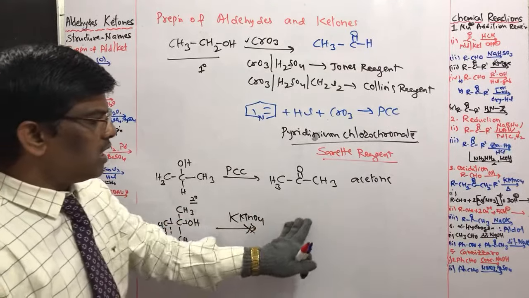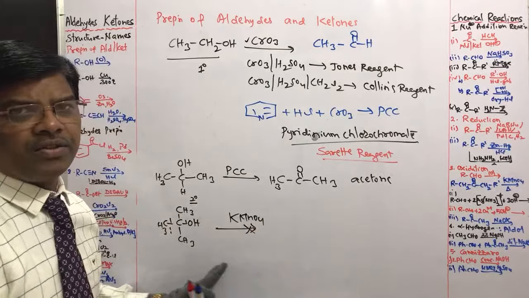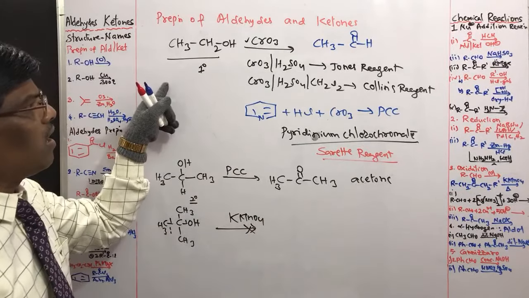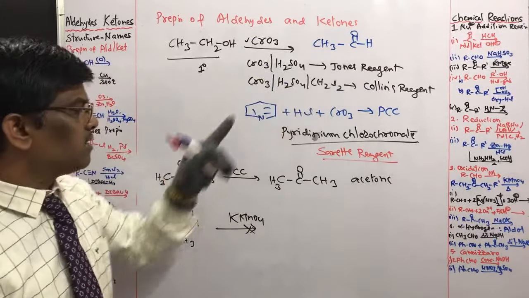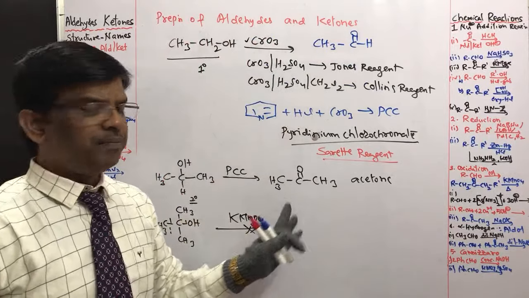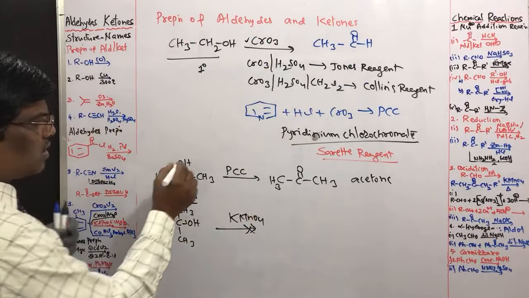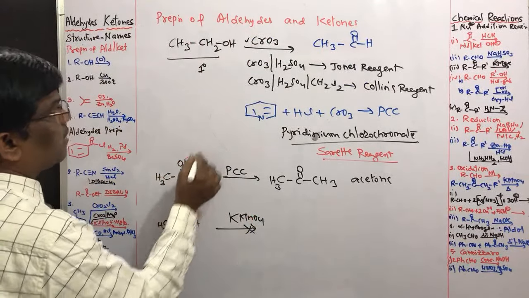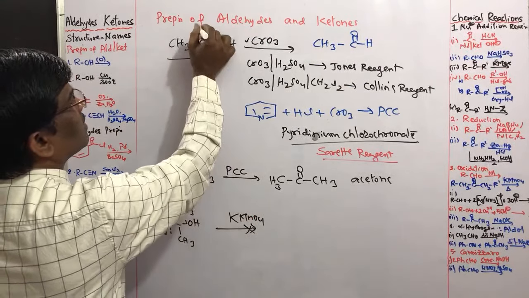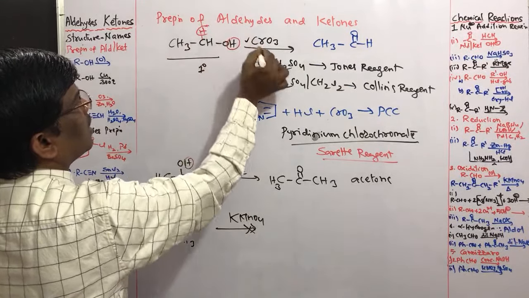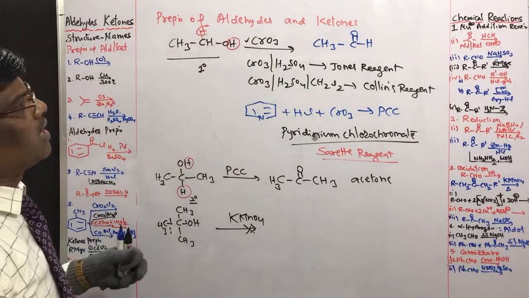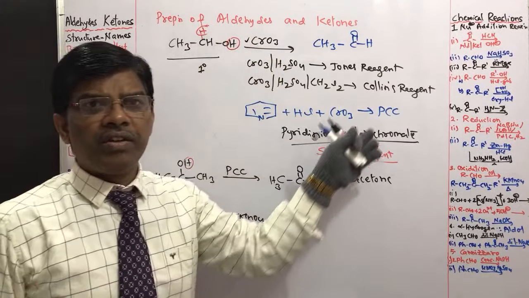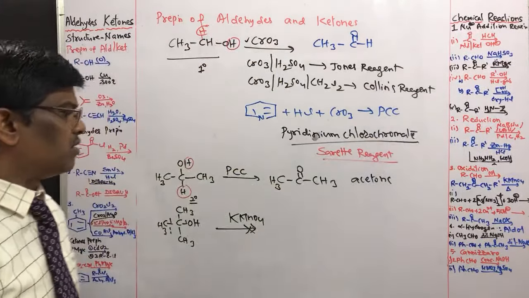So tertiary alcohols do not undergo simple oxidation, whereas primary alcohols give aldehydes and secondary alcohols give ketones. Dear students, it is very simple. Just remove hydrogen from here and here, so minus water, so minus hydrogen, you are going to get aldehydes or ketones.